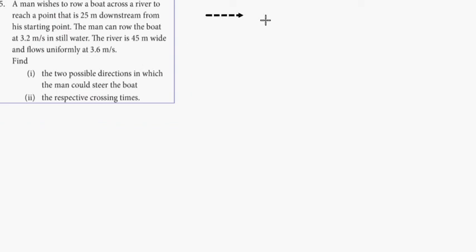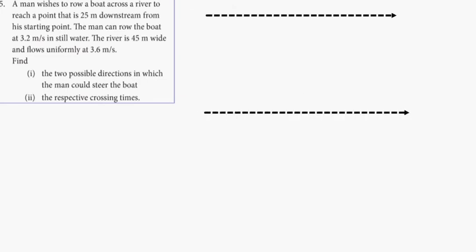So we have our bank here, and what we know is that he wants to go across 45 meters, and he wants to drift down 25. So we have here 25 meters and 45 meters. Okay, so we're going to find the hypotenuse here: 45 squared plus 25 squared, square root of the answer.